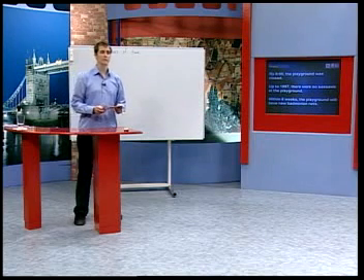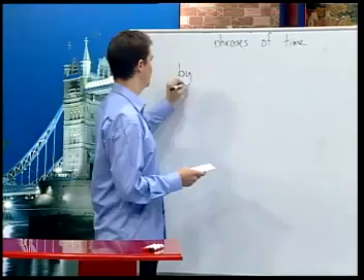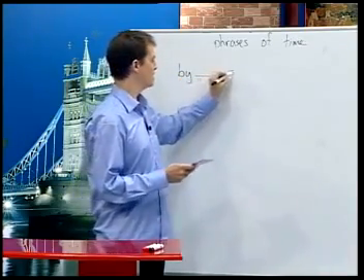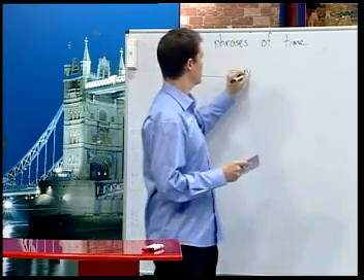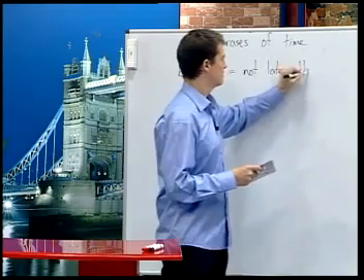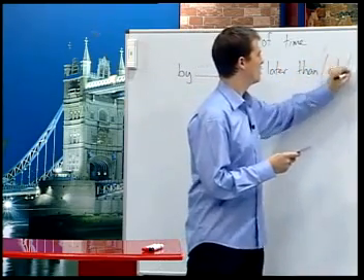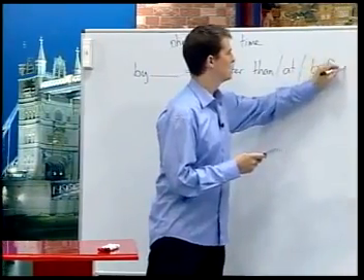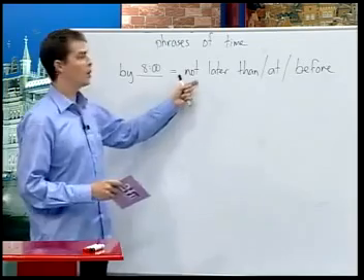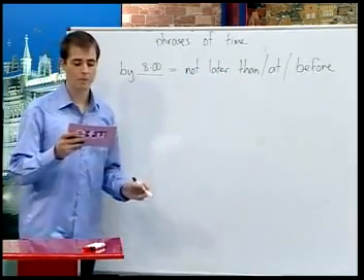In the first sentence, by 8 o'clock is a time phrase. By means not later than, or at, or before. So by 8 o'clock, not later than 8 o'clock, at 8 o'clock, or before 8 o'clock.